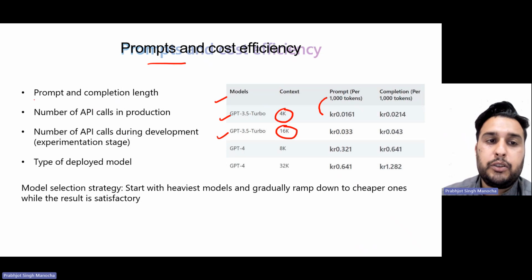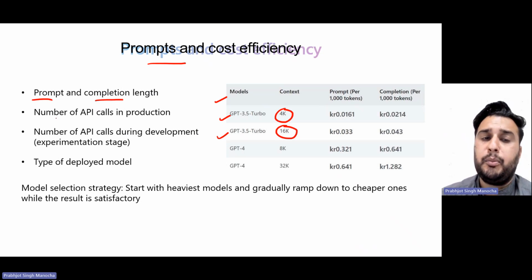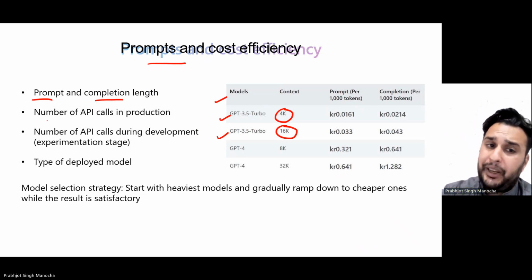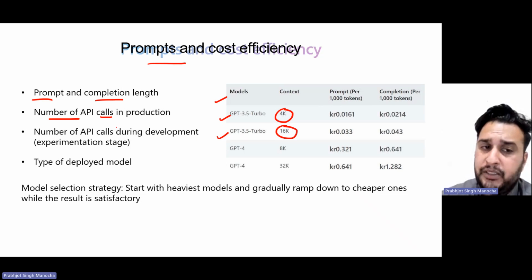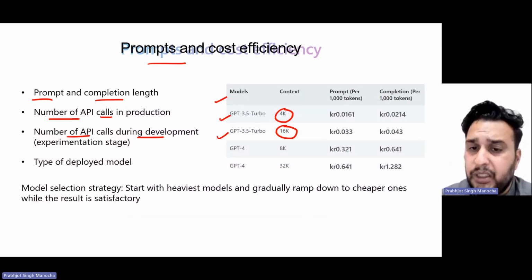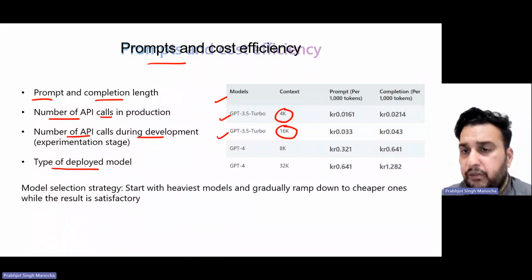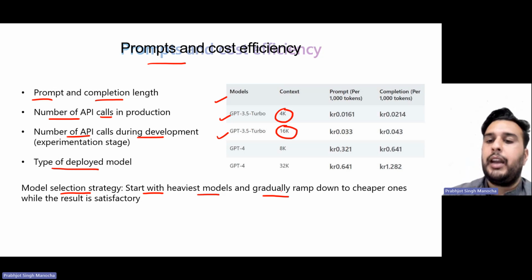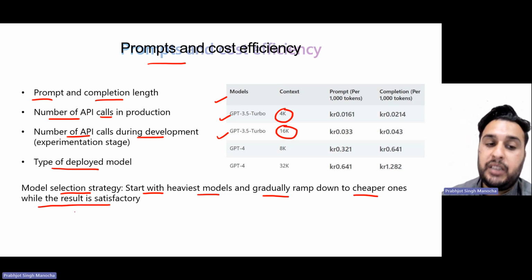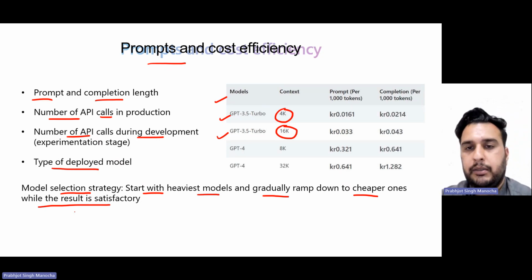So prompt and completion length, the amount of data being generated, the number of API calls during the development stage, and the type of model we are using when deployed determine how much it will cost to complete that. So the model selection strategy starts with the heaviest model and then gradually ramps down to the cheaper one which generates satisfactory results. So it's really very important, right?